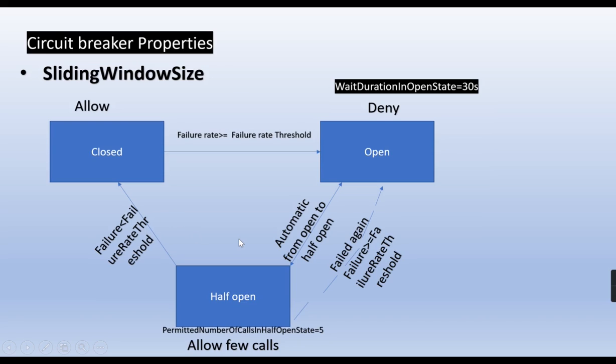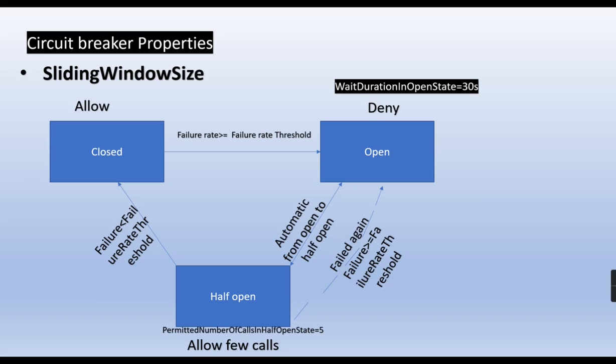This is very important. To achieve a circuit breaker programmatically, we need to write circuit breaker properties. So let us summarize one more time. For writing circuit breaker properties, first and foremost we need a sliding window size.